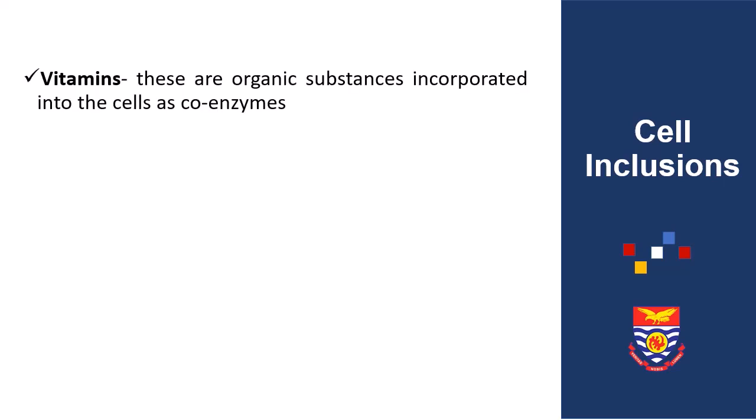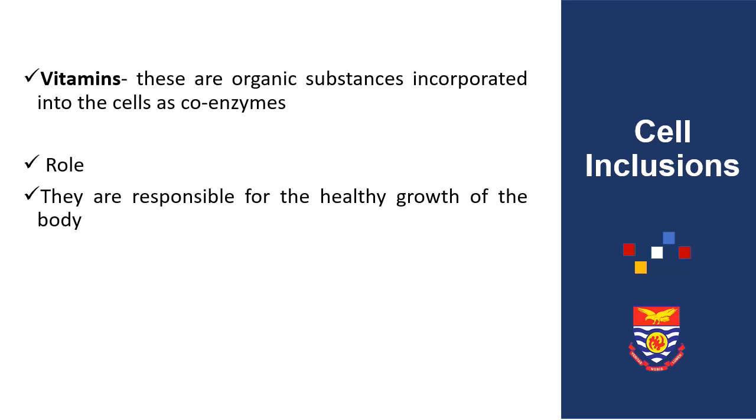Another organic compound we'll be looking at is vitamins, and vitamins are organic substances that are incorporated in cells and they act as coenzymes. And the function played by vitamins is that they are responsible for the healthy growth of the body, and they are required in small amounts.